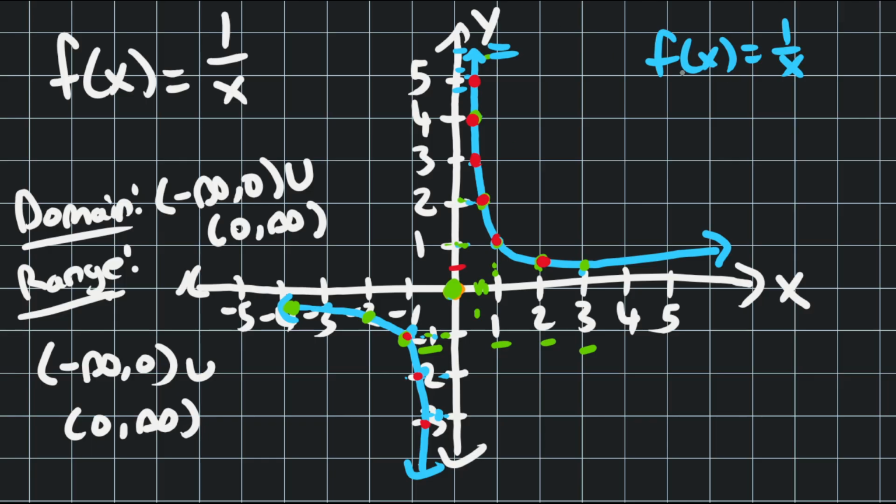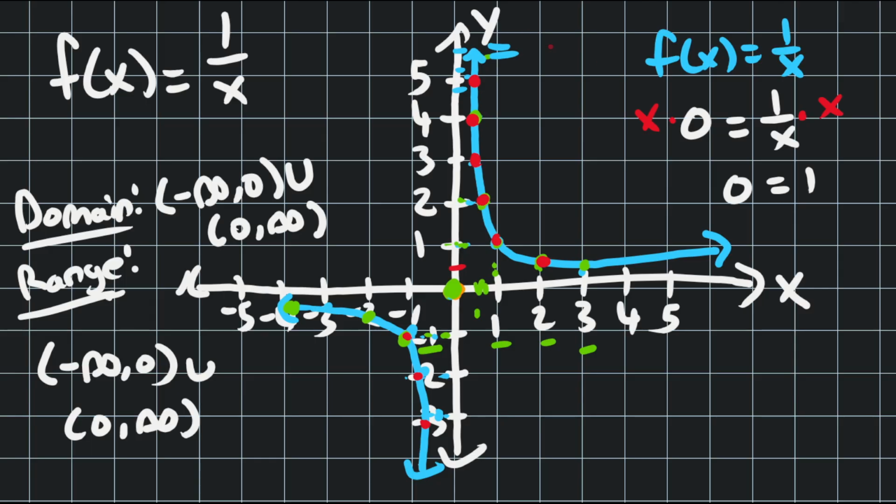And that makes sense because if you replace f of x with 0, so 0 equals 1 over x, and then if you try to solve for x, you won't be able to. Let's go ahead and try to solve for x. So to do this, we can just multiply both sides by x. So x times 0 equals 1. But what's anything times 0? Anything times 0 is 0.